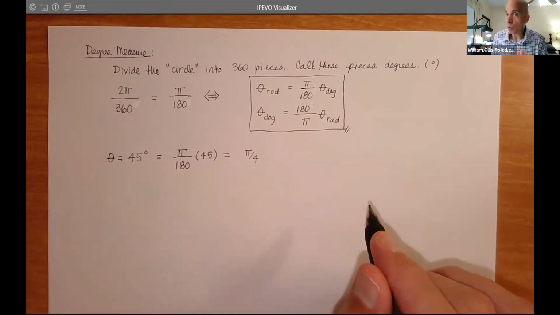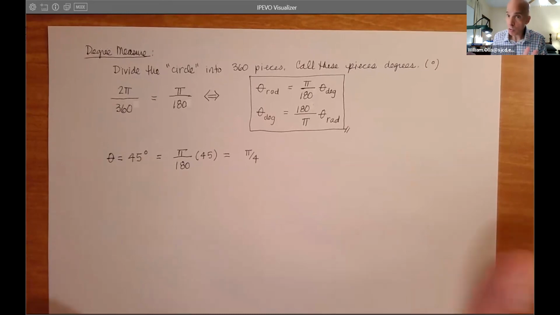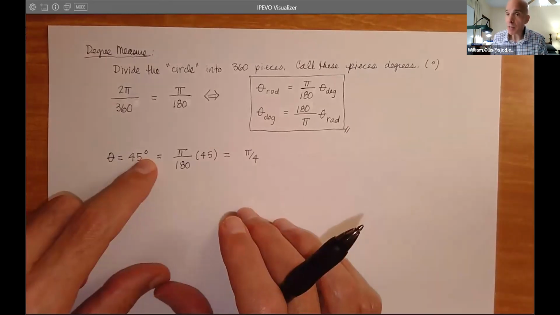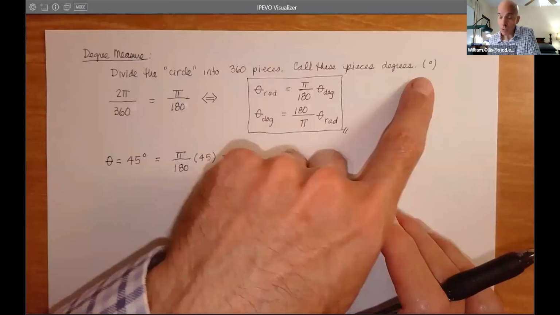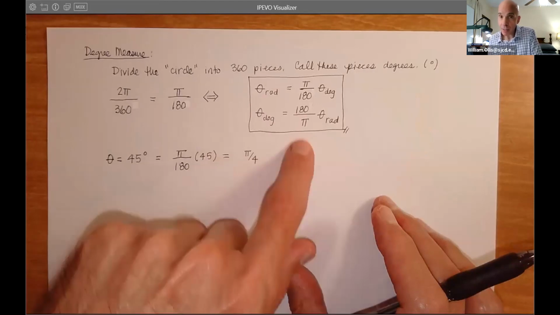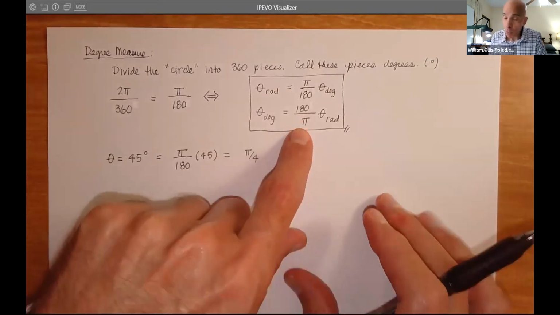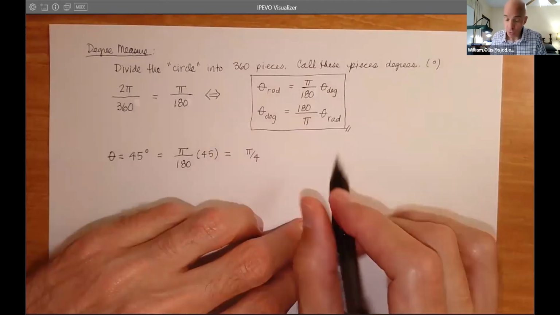We're a little bit sloppy, I agree, because when you see an angle with nothing but the number, you assume radians. But if you've got the little superscript, you know that it must be a degree measure, because that is the common symbol that we use.